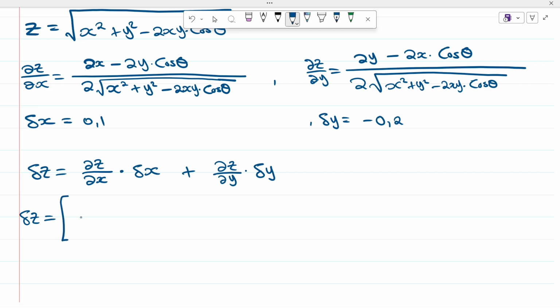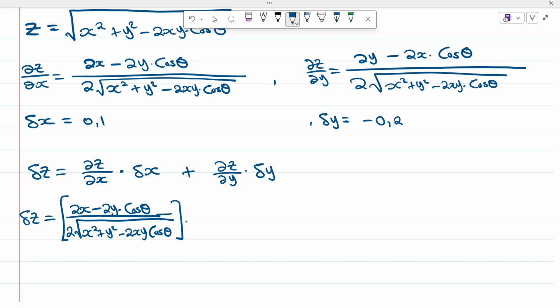So our small change in z is equivalent to what? I'm just going to copy the formulas that I have above there, which is 2x minus 2y cos of theta divided by 2 square root of x squared plus y squared minus 2xy cos of theta.